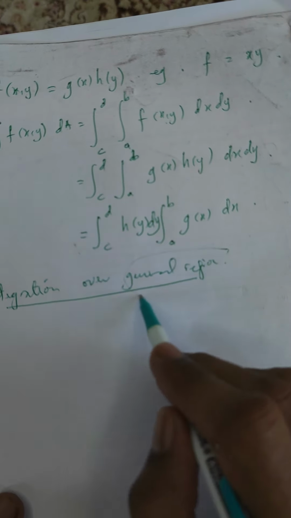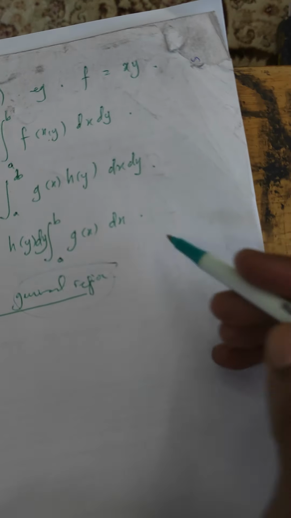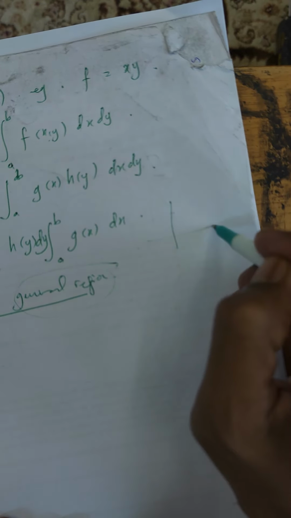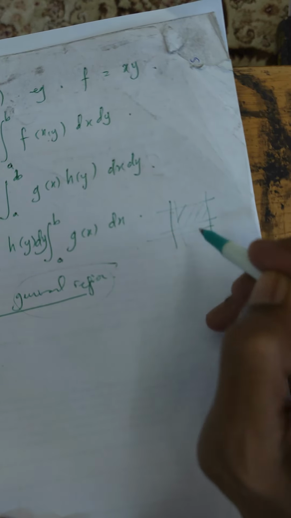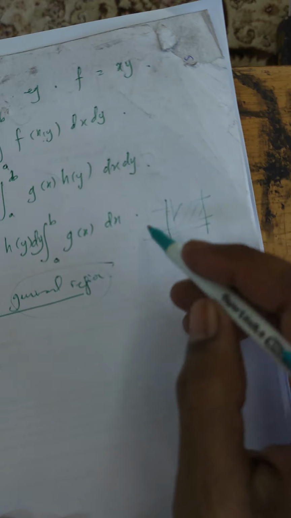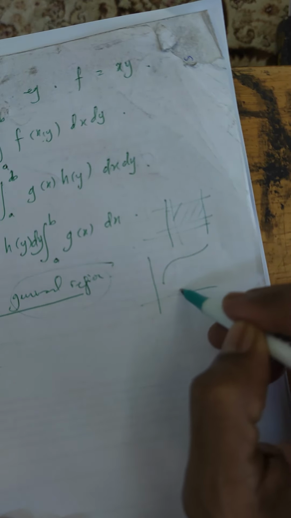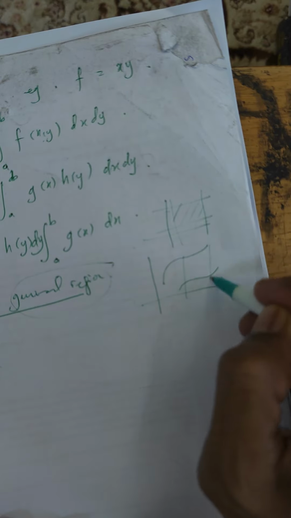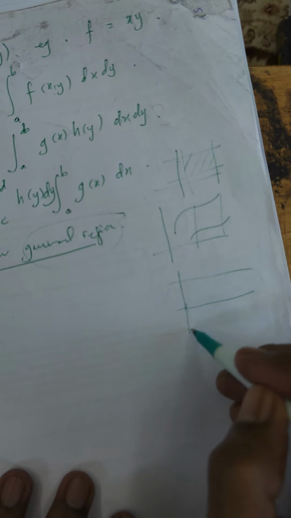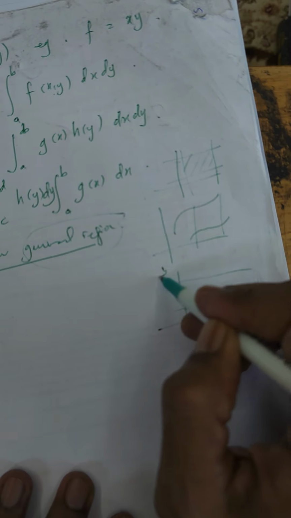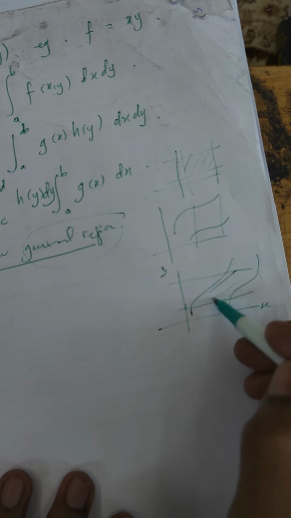What we mean by a general region here is that just now we dealt with a rectangle region. A general region means we may have something like a curve like that, or you may have something like this. This is our region.